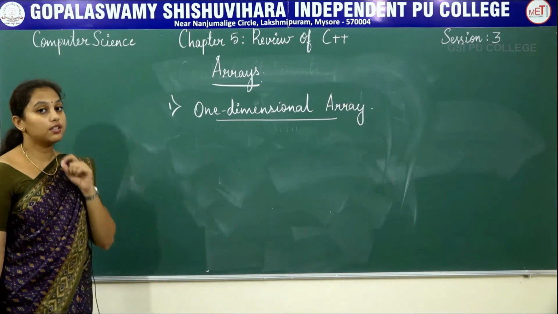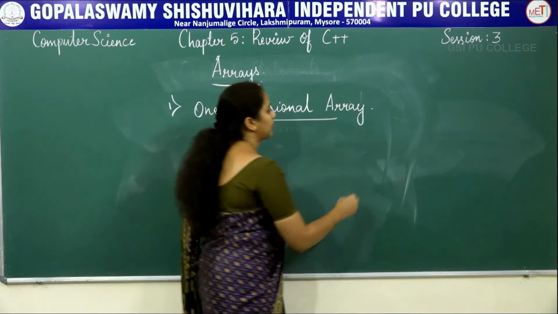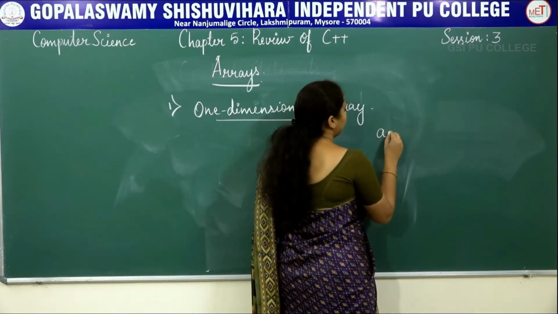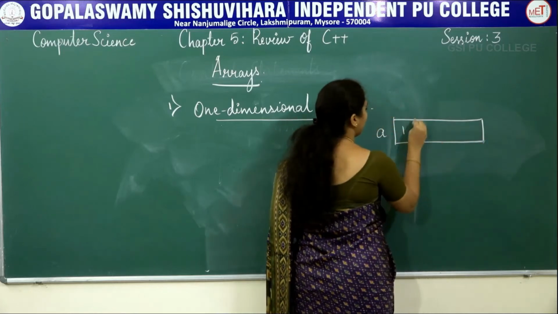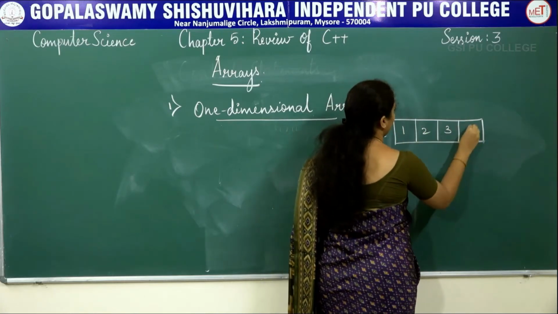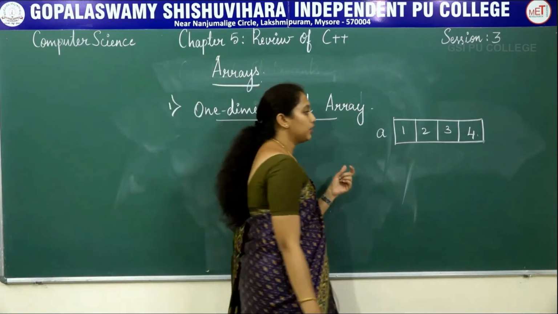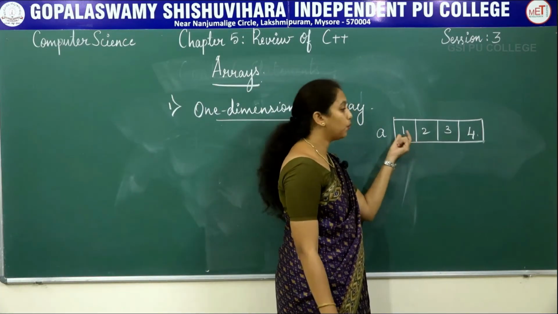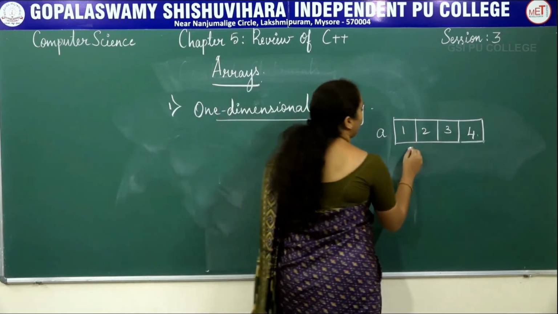So here, what is the meaning of subscript? See, the name of the array is A and the size of the array is 4. The values stored in the array are 1, 2, 3 and 4.